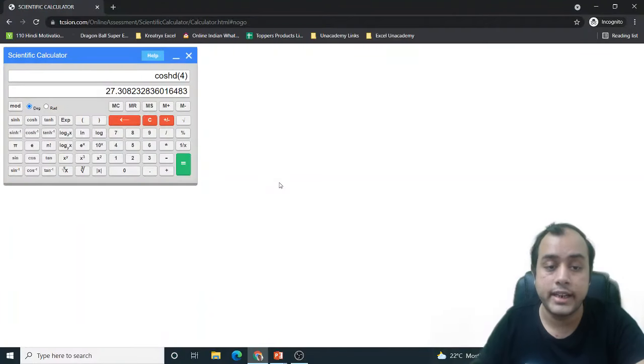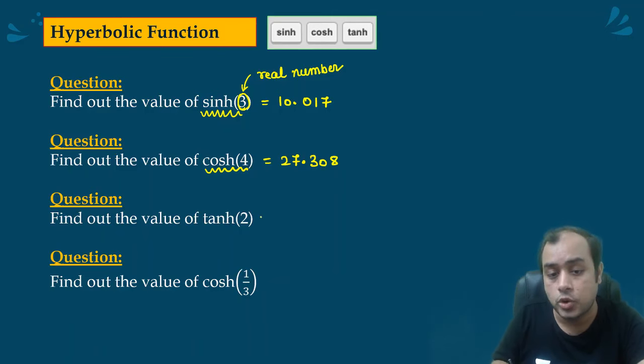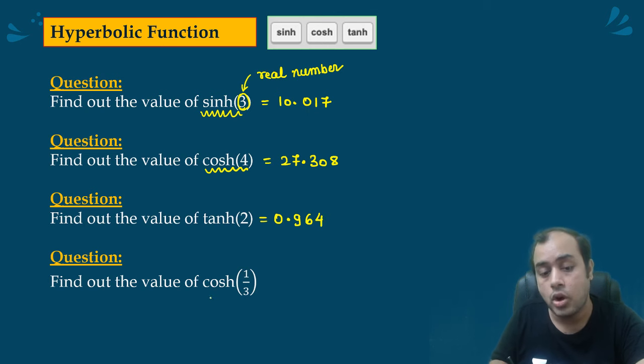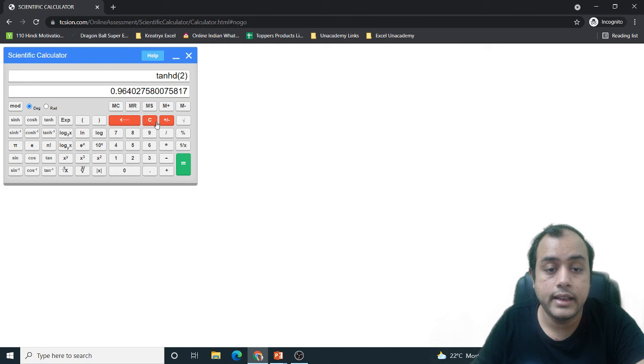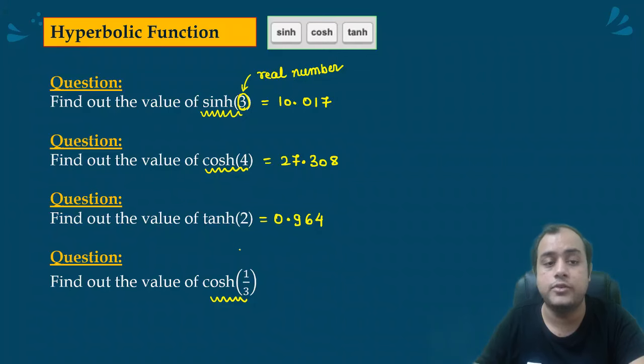Tan hyperbolic 2. Clear it. 2. Then tan hyperbolic 0.964. Cos hyperbolic 1 by 3. Clear it. 1 by 3. I'll take cos hyperbolic 1.056.